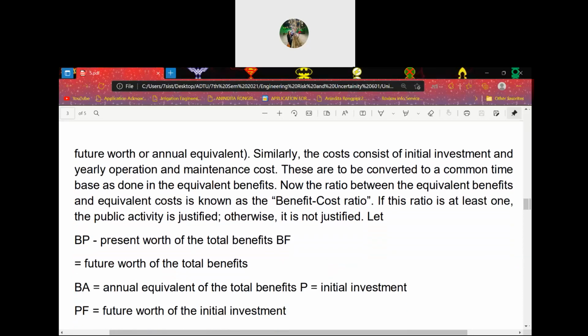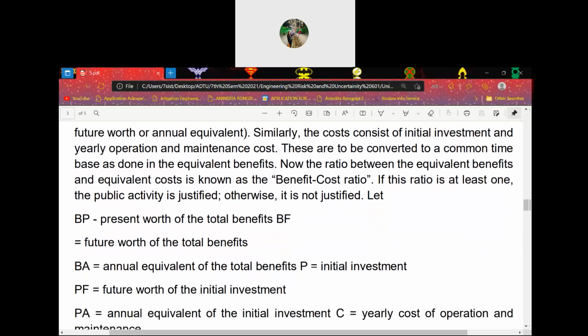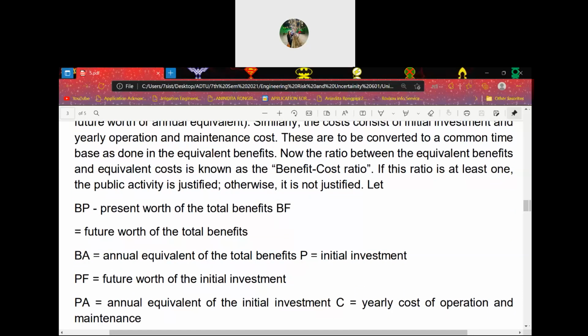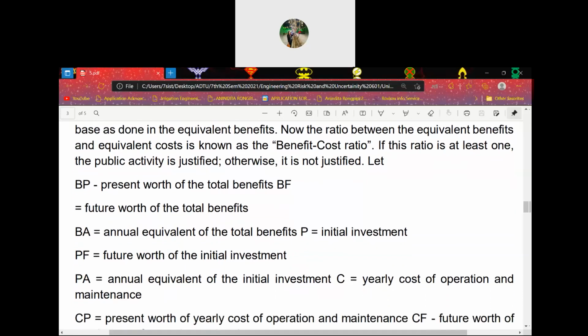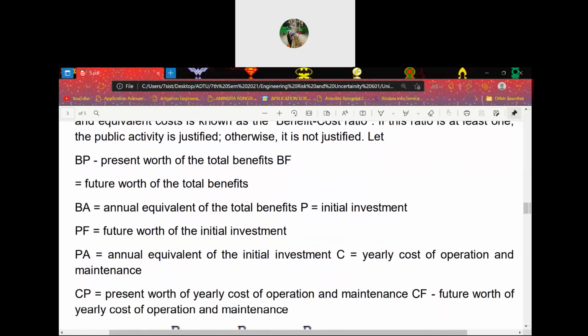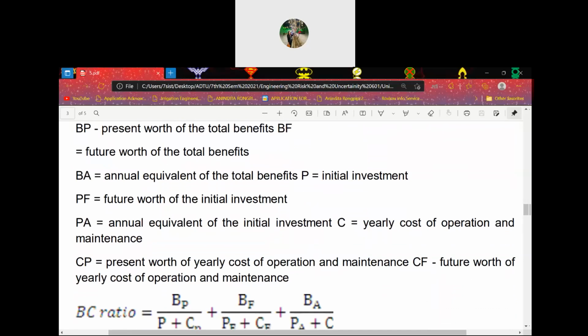Here, BP is the present worth of the total benefits, BF is the future worth of the total benefits, BA means the annual equivalent of the total benefits. P is the initial investment. PF is the future worth of the initial investment. PA is the annual equivalent of the initial investment. C is the yearly cost of operation and maintenance, and CP is the present worth of the yearly cost of operation and maintenance.